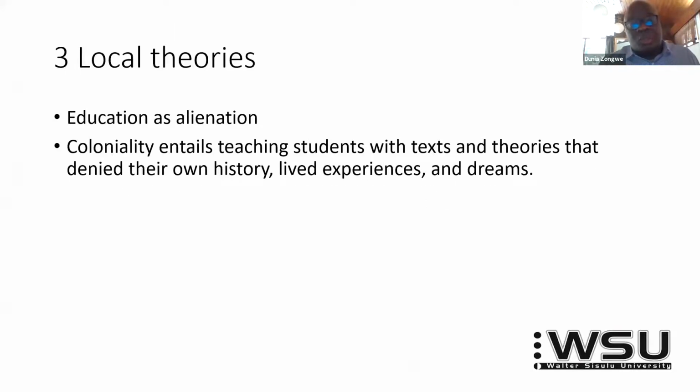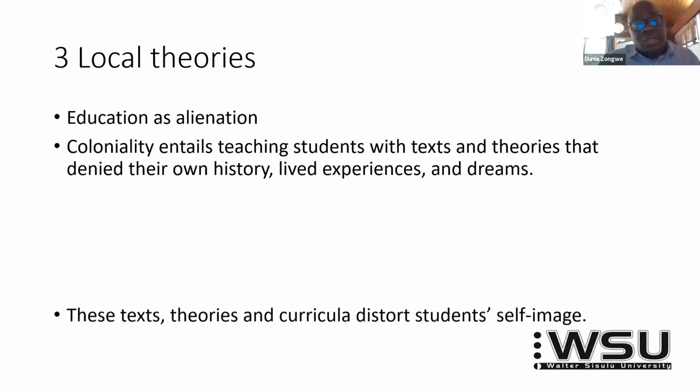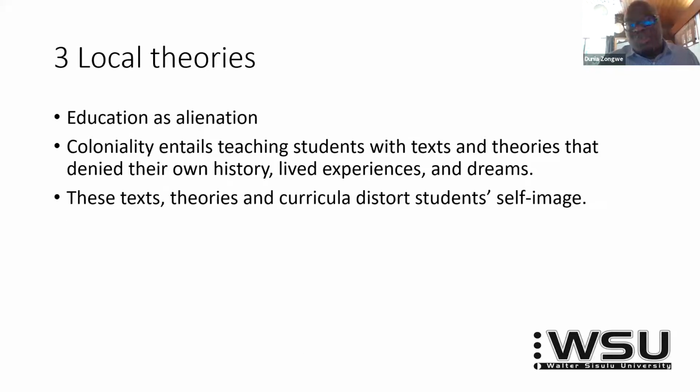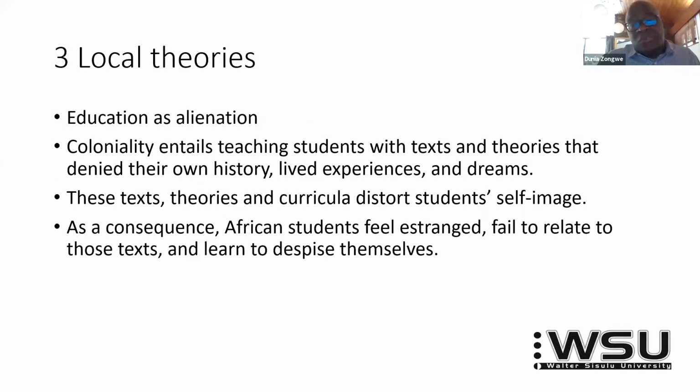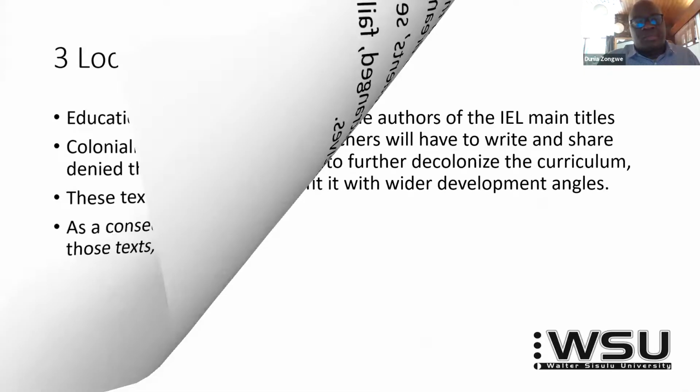This is because coloniality entails teaching students with texts and theories that deny their own history, their own lived experiences, and their own dreams. In other words, these texts, theories and curricula distort student self-image. As a consequence, African students feel estranged, they fail to relate to those texts, and they learn to hate themselves.